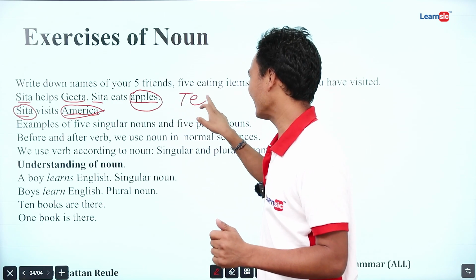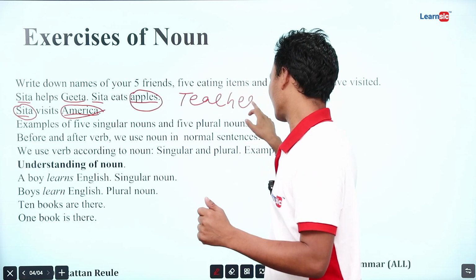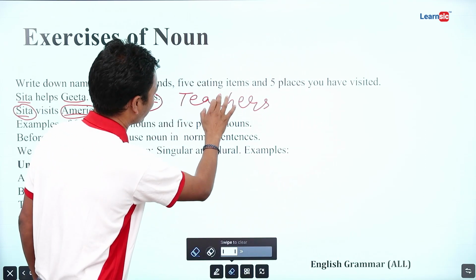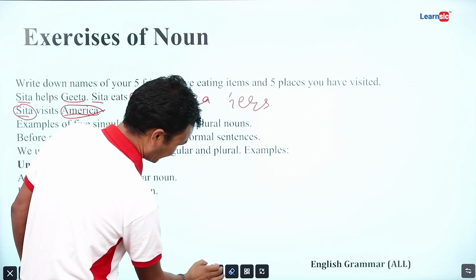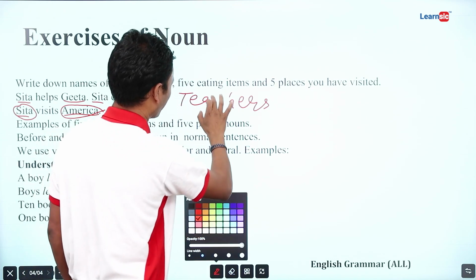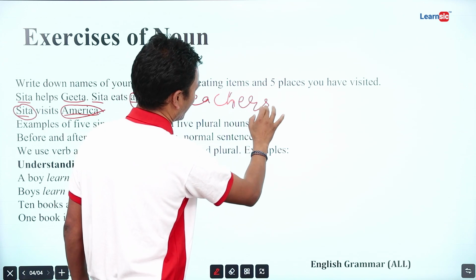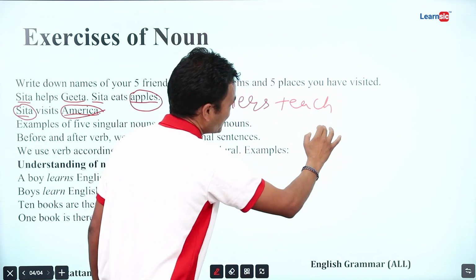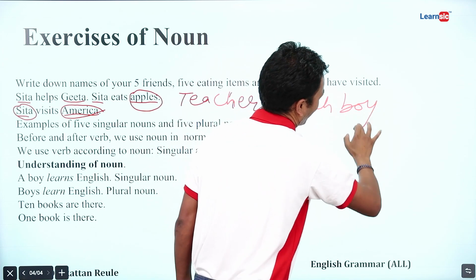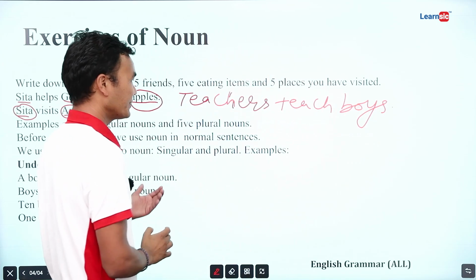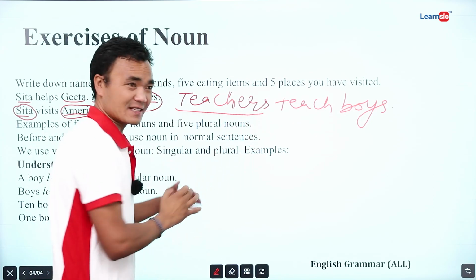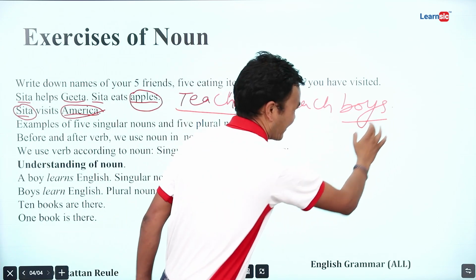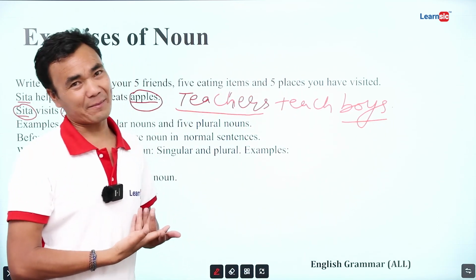For example, teachers teach boys. Right? Teachers is an example of noun, means name, and boys also example of noun.